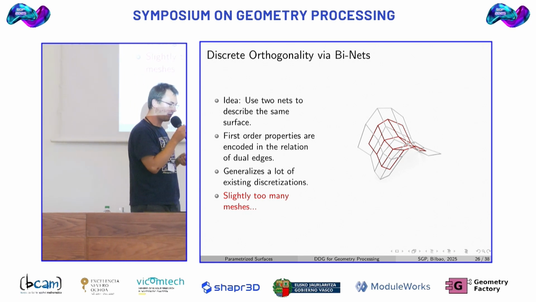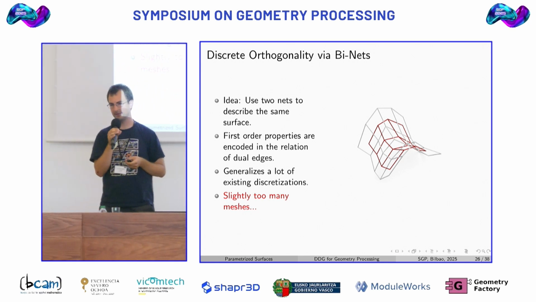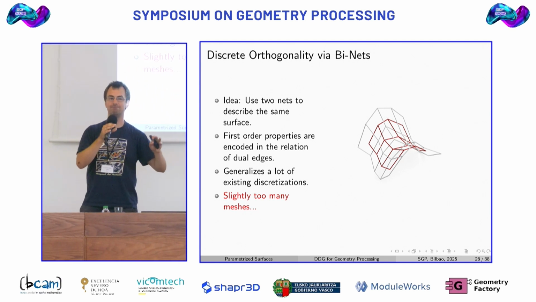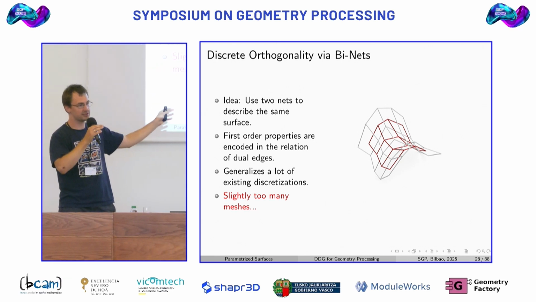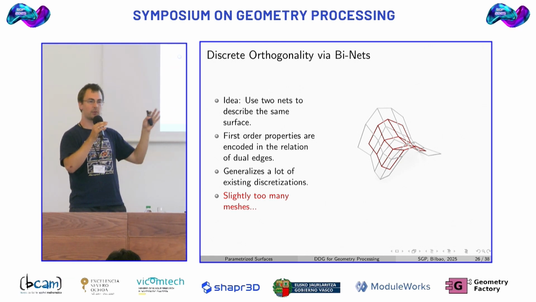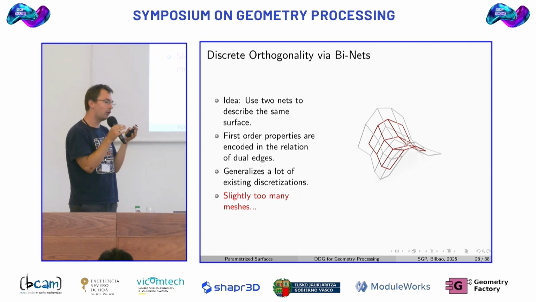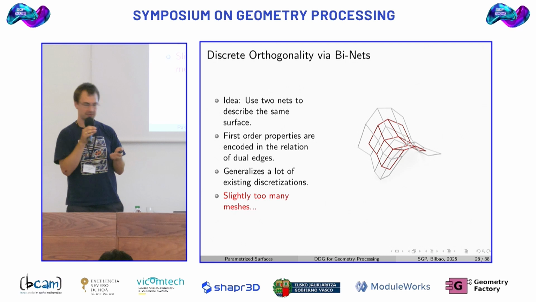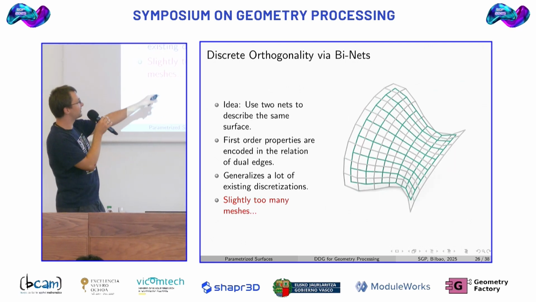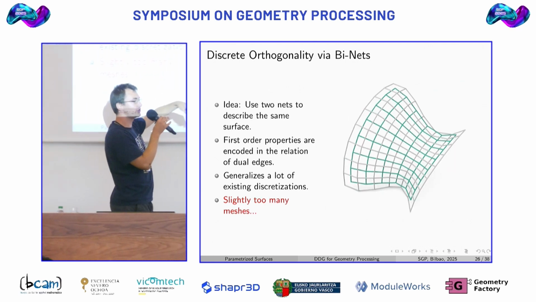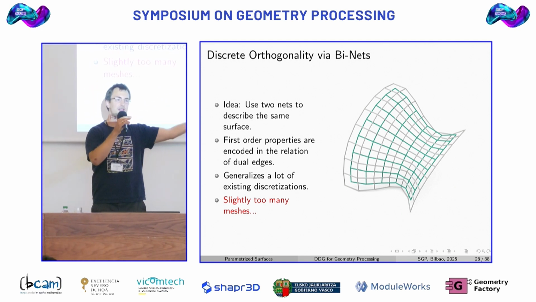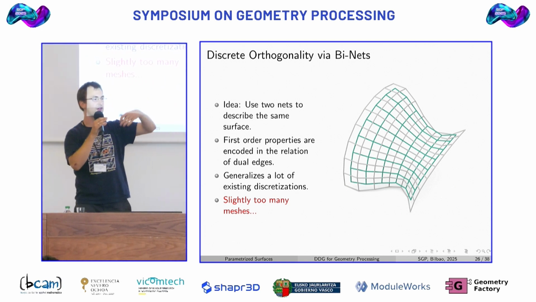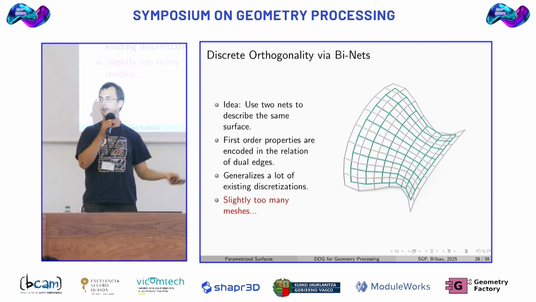I believe this is a very powerful approach because it has turned out that it generalizes a lot of the existing discretizations that were used in discrete differential geometry. So a lot of them already turned up in pairs. For example, this here is actually a combination of a circular mesh and a conical mesh. They always come in pairs. If you have a conical mesh, you can always compute the corresponding circular mesh and vice versa.